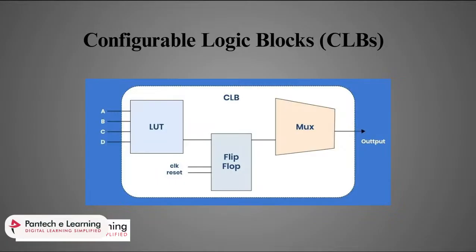The lookup table is nothing but a matrix storing the inputs of the circuit. For example, if you take a full adder code, the full adder inputs are stored in the lookup table. Based on our logic, we can use a mux or flip-flops to get the output.